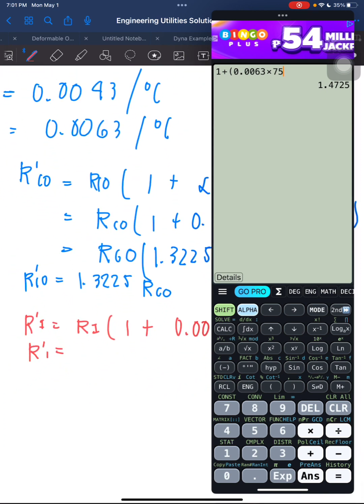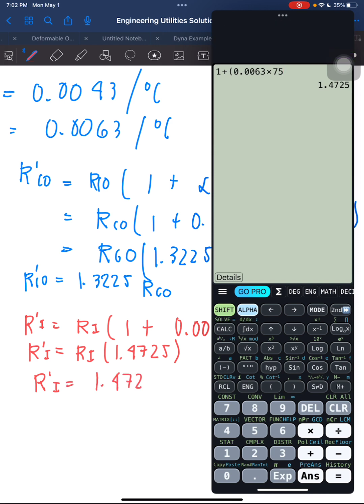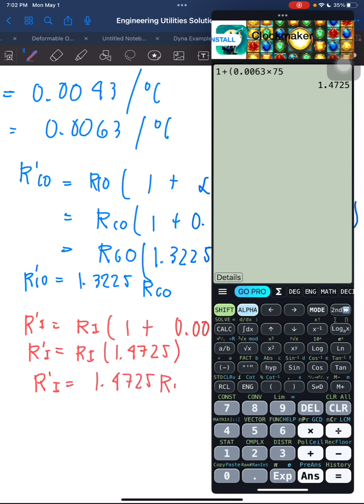R prime iron is equal to R iron times 1.4725, or R prime iron is equal to 1.4725 R iron.